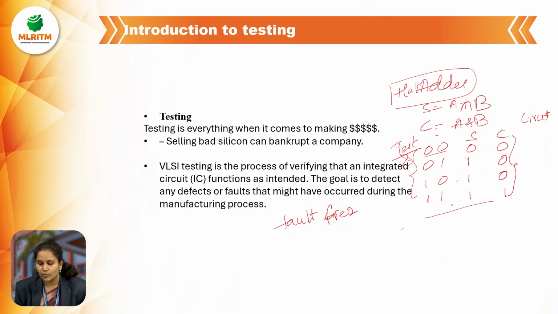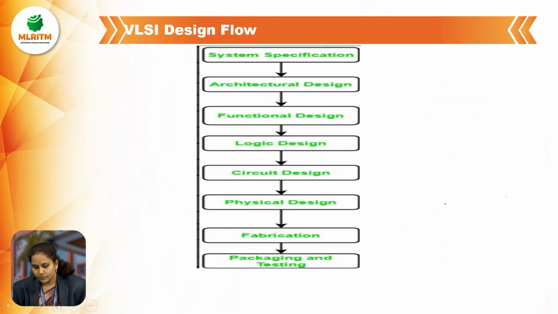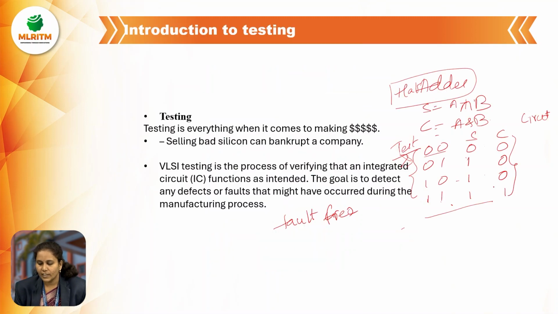If we get these as the outputs, we say that it is a fault free circuit. If there is any change, that is, if I get sum equal to 0 and carry equal to 1, I say that this is a faulted circuit.